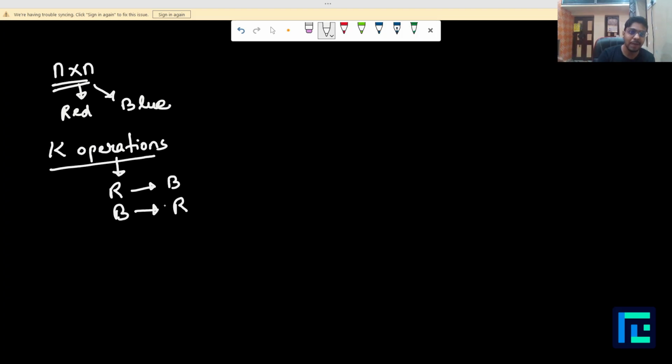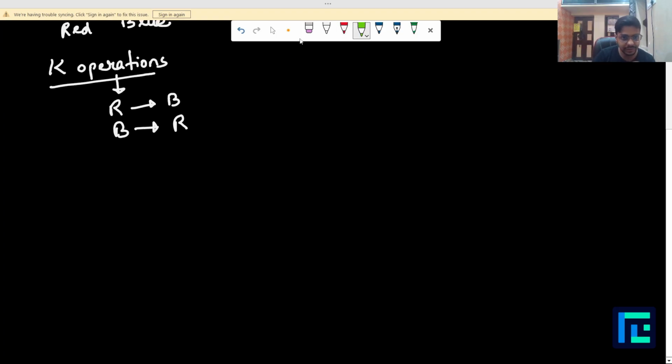You can perform the operation any number of times on a cell. Basically, you need to perform exactly k operations. And the question is whether, after performing exactly k operations, the color pattern you get matches exactly the color pattern of the grid rotated by 180 degrees.